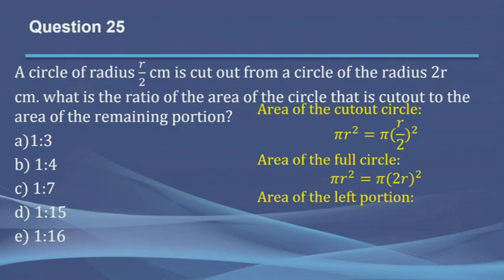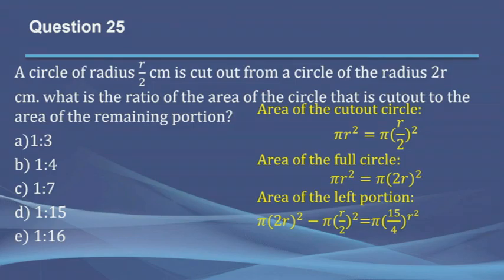Next, since we are asked about the remaining portion, the area of the left portion will be, so before that, we have already calculated the full circle area and the cutout circle area. In order to find the area of the left portion, we subtract the cutout circle from the full circle. So this is how we did it.